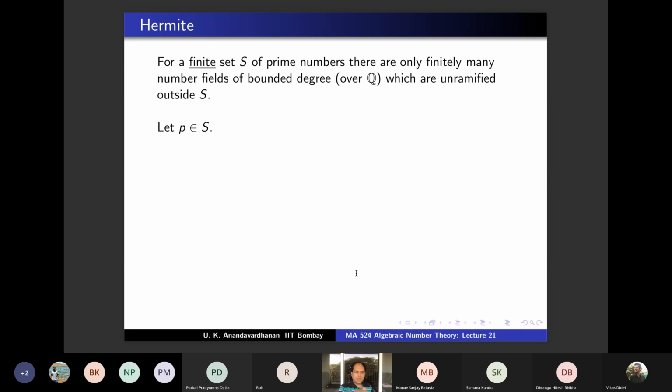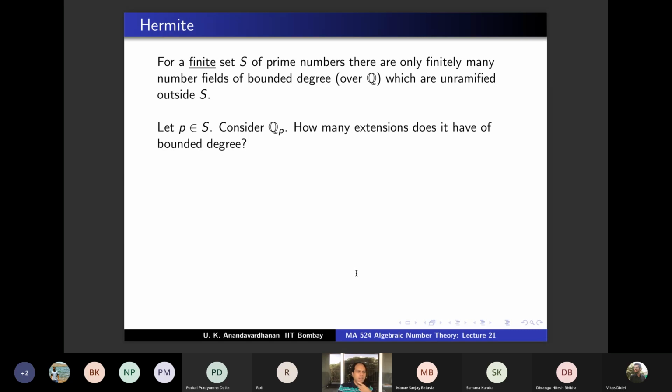Okay, and this is a very important result with a lot of applications. What is the proof? The proof is a corollary to the previous result that with a given discriminant there are only finitely many number fields. How does it follow? Fix a prime number in S. It's a finite set of prime numbers, and consider Q_p, the p-adic numbers. Now, how many extensions does it have of bounded degree?